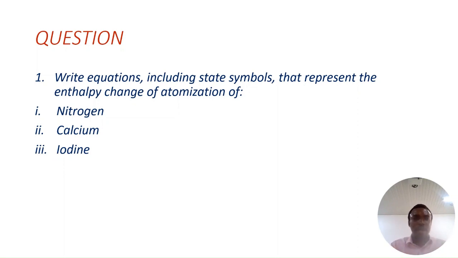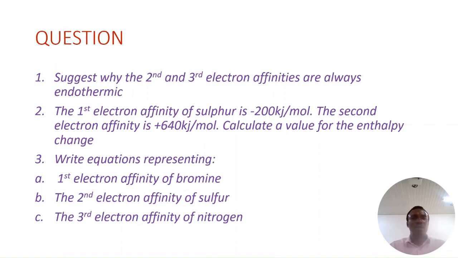I think the last one I'll be giving you is, suggest why the second and third electron affinities are always endothermic. The first electron affinity of sulfur is minus 200 kilojoule per mole. The second electron affinity is 640 kilojoule. Calculate a value for the enthalpy change of electron affinity of sulfur.